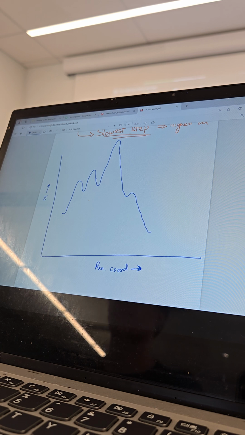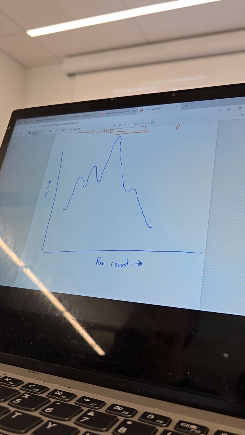That's 4 steps. Something like that. Okay, so here are the questions related to this energy diagram for any hypothetical reaction.